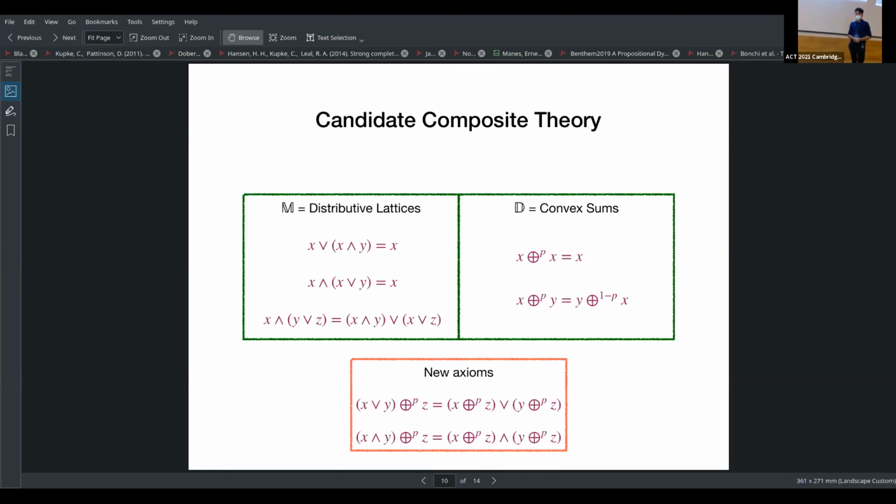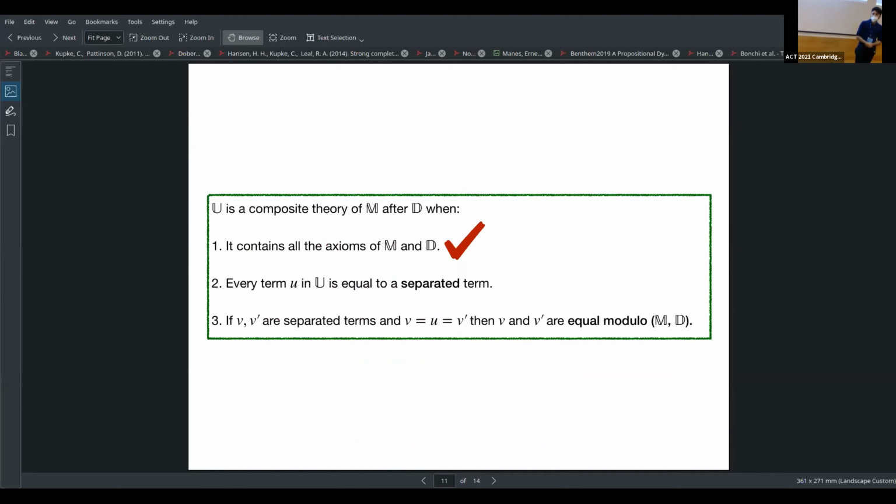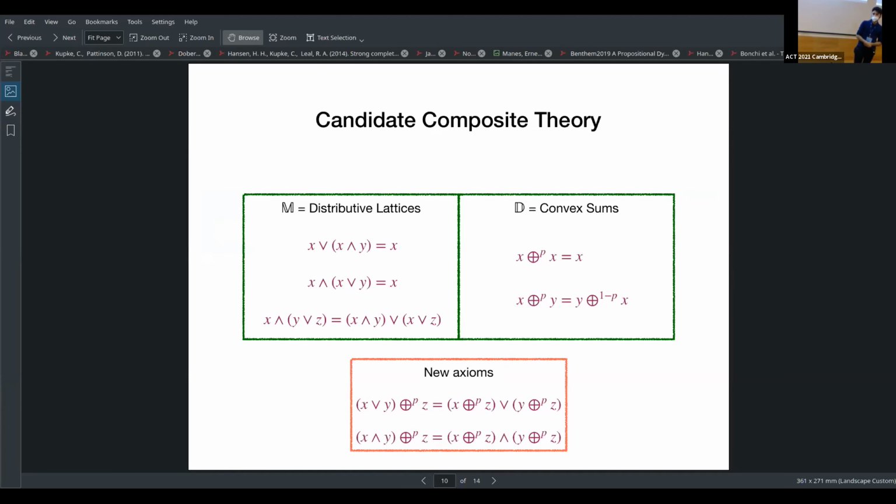So we use this idea to come up with our candidate composite theory here. And you can see on the slide that I've added these two new axioms to the theory. These are saying how you would distribute the convex plus operator over the joins and meets of your distributive lattice. So we're adding this axiom to the axioms of M and D.